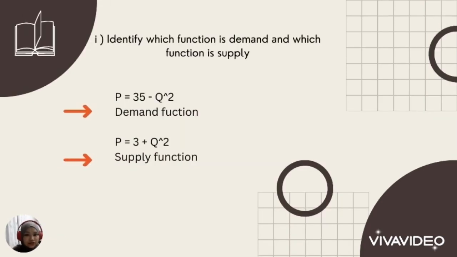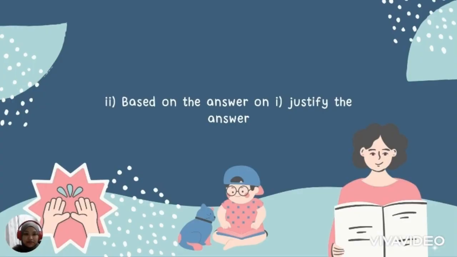Now let's go to the first question. Identify which function is demand and which function is supply. So the first function is the demand function and the second function is the supply function. Now how do we find out which one is demand and which one is supply? We will find out the reason in the next question.